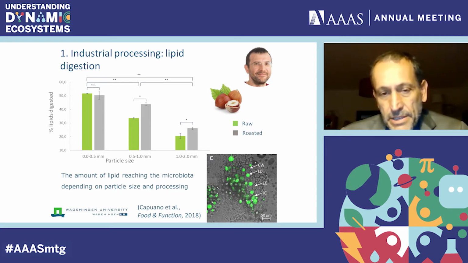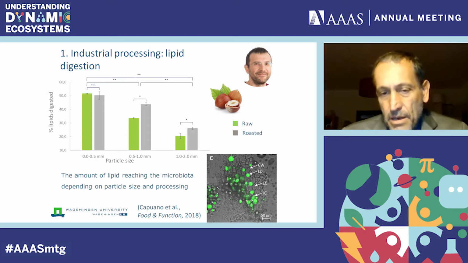About lipid digestion, I want to give you this example by my co-worker Eduardo Capuano. He made this study with hazelnut, working with roasted and raw hazelnut, and playing with the particle size. You see that when the particle size is very fine, you have the maximum digestion of the lipid.